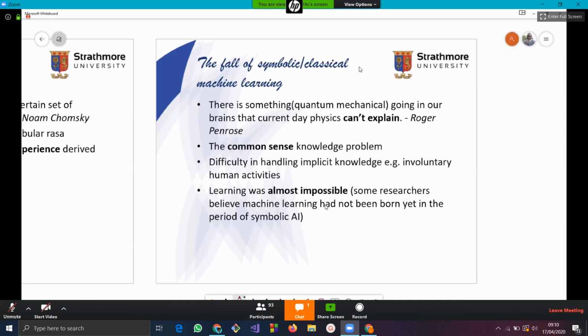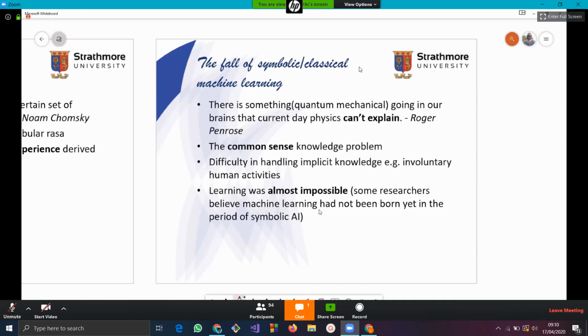Some people even believe there was no machine learning at this time and age. So this is symbolic AI. The main idea is that capturing symbols is difficult to explain. Copying the human mind became so difficult, and then symbolic AI actually collapsed. That's why now guys moved into a lot of maths and statistics.